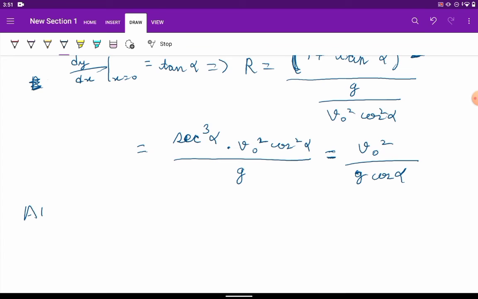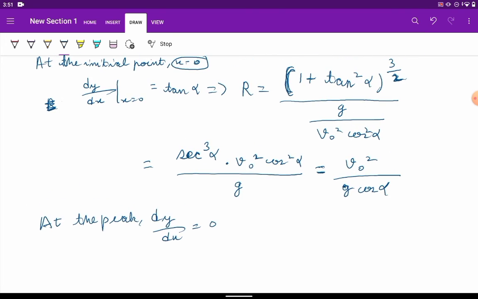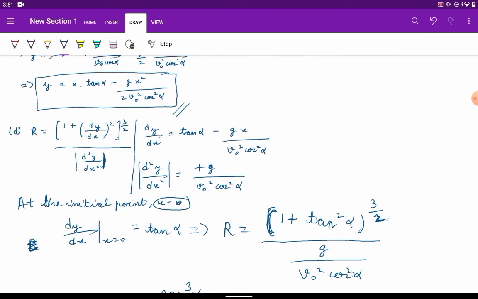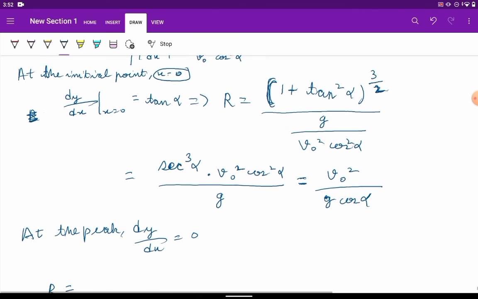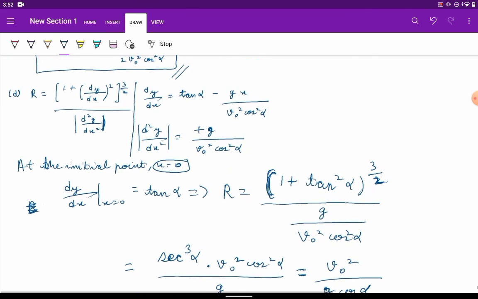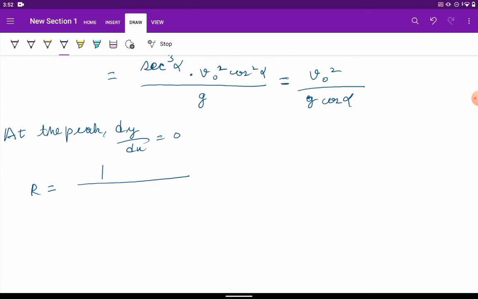Now if we want to find it at the peak, the logic is similar. The velocity makes an angle of 0 with the x-axis, so dy by dx is 0. So your capital R is nothing but 1 by mod of d2y by dx square, so 1 by g by v naught square cos square alpha.